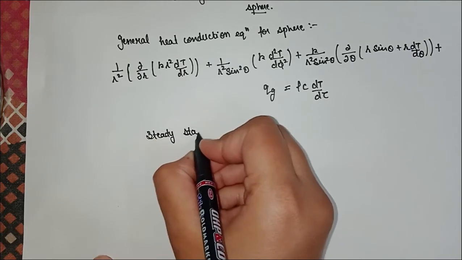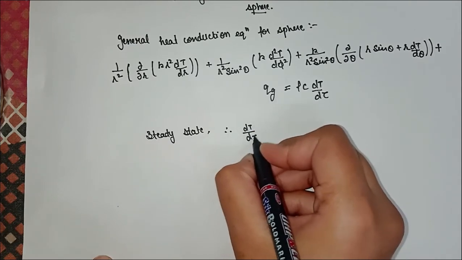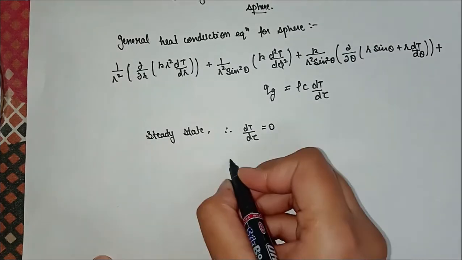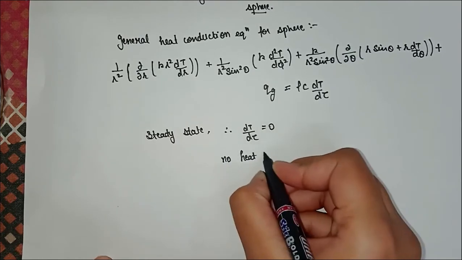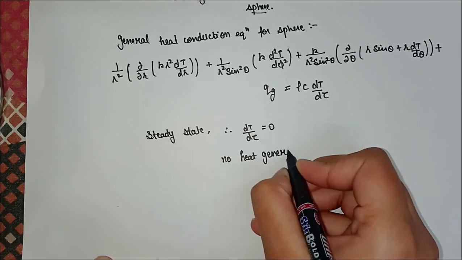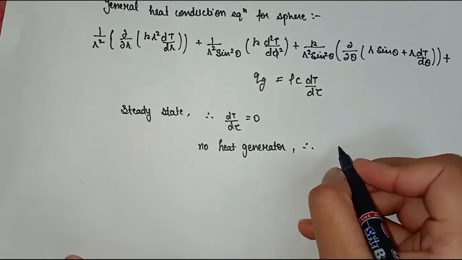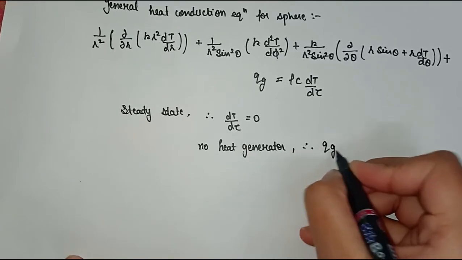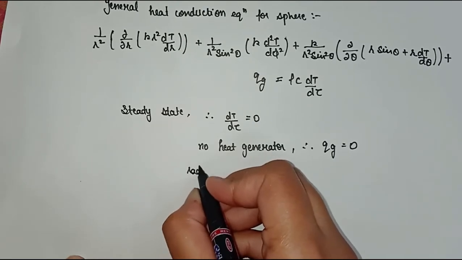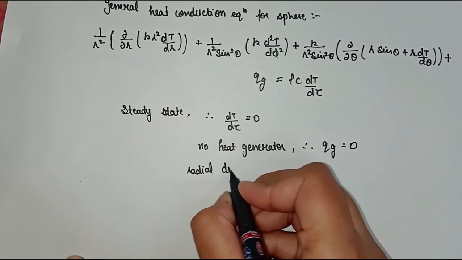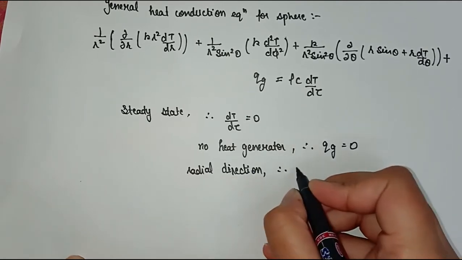Assumptions are steady state, therefore dt upon d tau will be 0. There is no heat generator, therefore Qg will also be 0. Heat flow is in radial direction, therefore curl with respect to theta and phi is also 0.